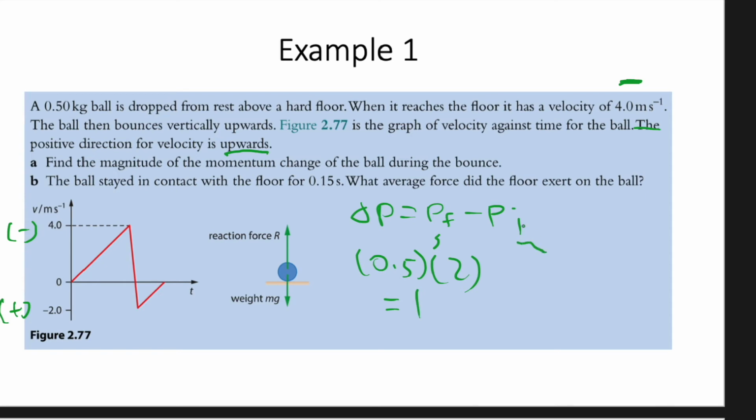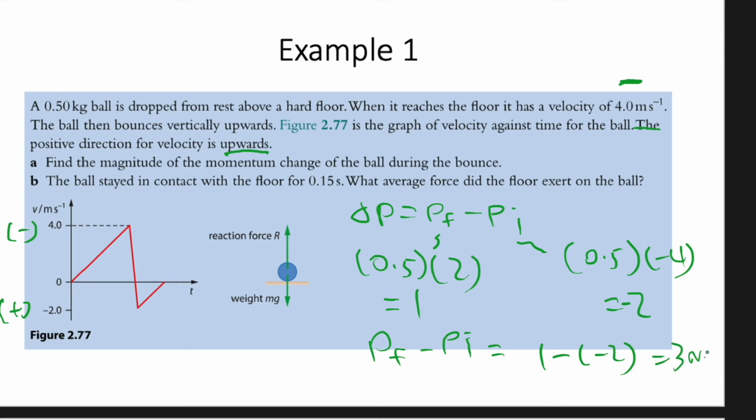And pi is equal to 0.5 times negative 4 because it's going downward, which is equal to negative 2. And pf minus pi is equal to 1 minus negative 2, which is equal to 3 newton seconds. So the answer is 3. If you take the magnitude, the absolute value of this quantity, it is still 3.